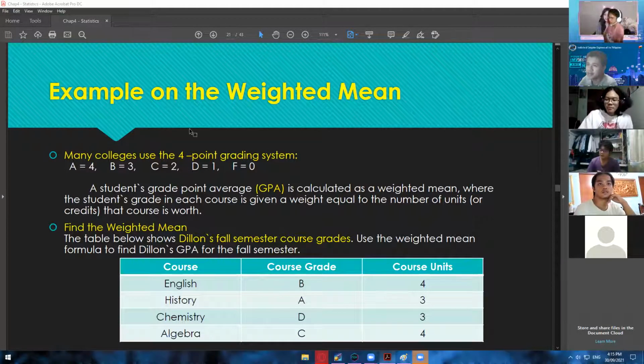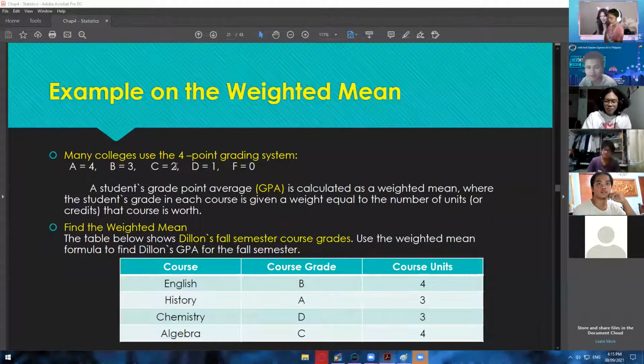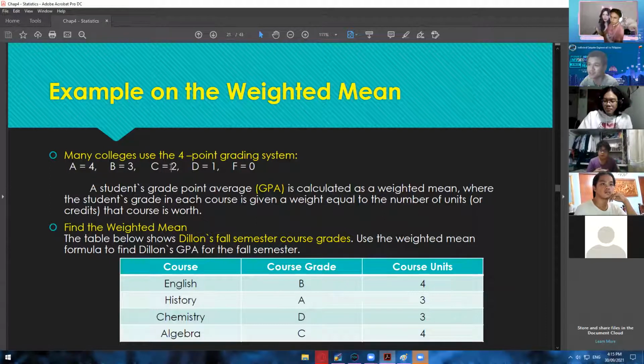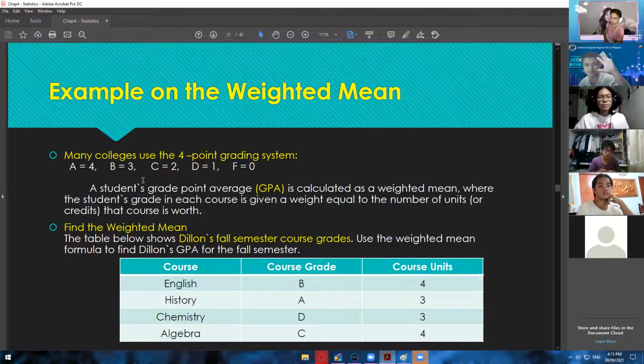All right. So let's answer this one now, the example on the weighted mean. Many colleges use the 4-point grading system. In my case, I've never experienced this one. My school before, elementary, high school, even of course in UCD, we don't use this. Anyone here who has experienced this kind of grading system, like uno, dos?